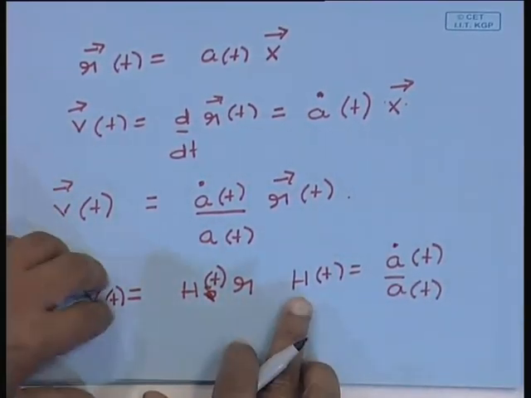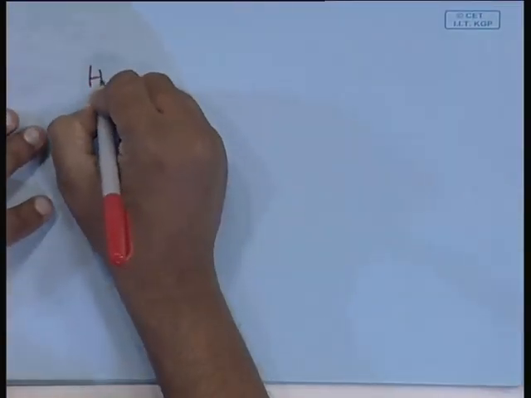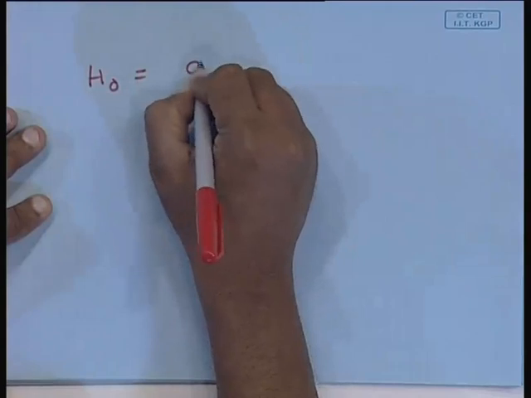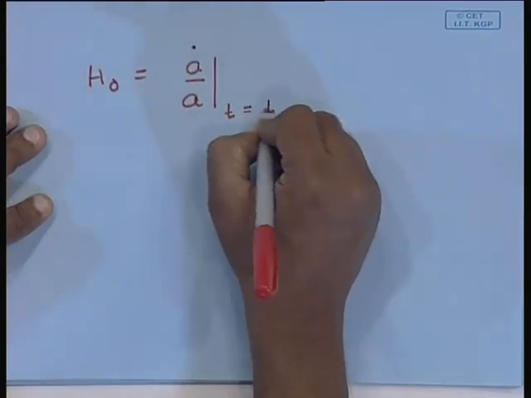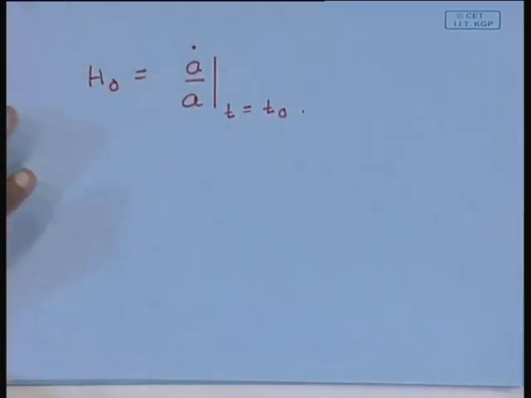At present, the Hubble parameter has the value H0, which is a dot by a at the time t equal to t0, the present time. So, we have learned quite a few things here. The first thing was that we introduced a comoving coordinate system.